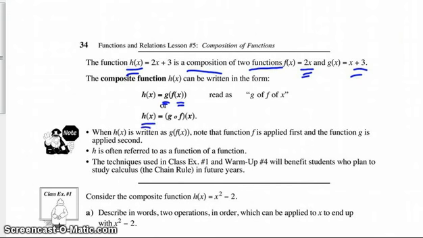You can also write it as h at x is equal to g composed with f, just a different notation. Those are equal in terms of what they are stating. When h at x is written as g at f at x, note that f is applied to the first function and g is applied to the second. And h is often referred to as a function of a function. So it's a composite function.